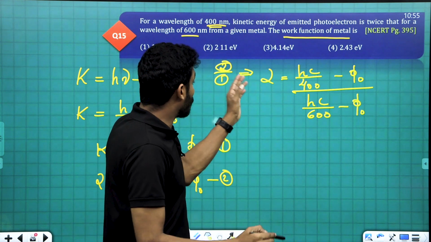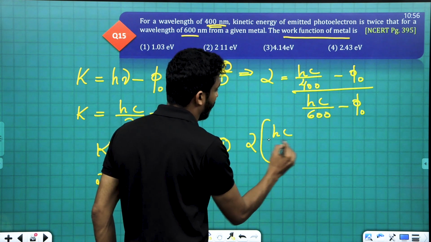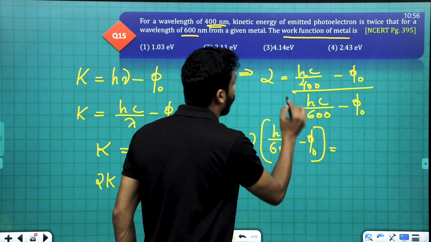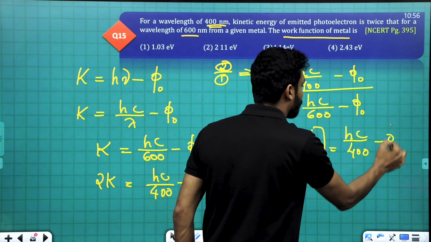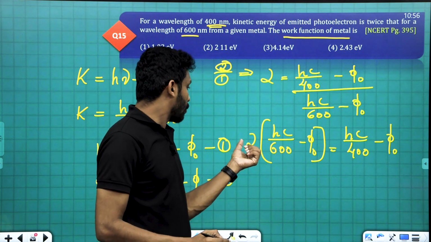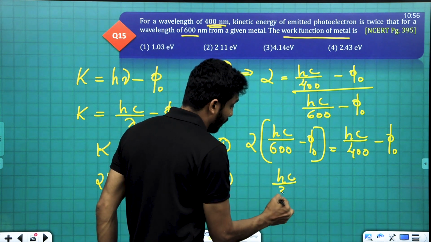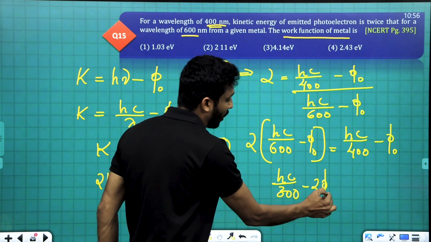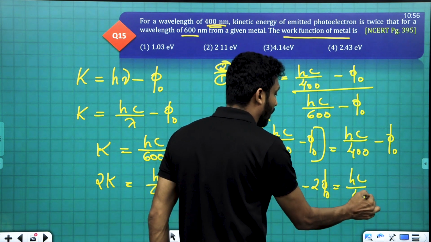Then 2 into hc by 600 minus phi naught is equal to hc by 400 minus phi naught. Clear? Multiply the terms with 2. 2 into hc by 600 is hc by 300. Hc by 300 minus twice phi naught is equal to hc divided by 400 minus phi naught.